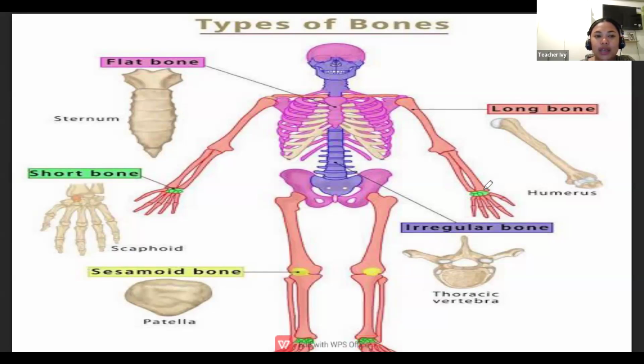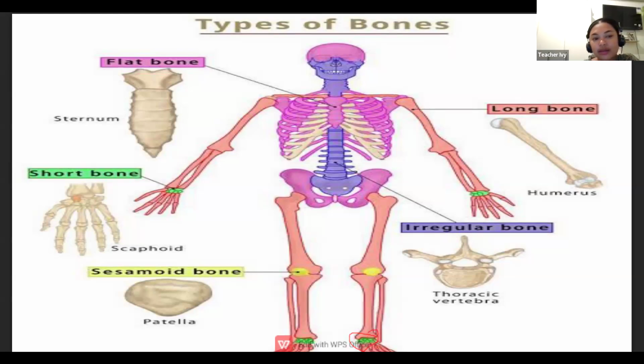While Mark is still thinking, shall we have Honey first? Honey, can you name this bone in your foot that is considered as a short bone? What do you call this, Honey? Do you see it, Honey? The one that I am encircling with the red color?